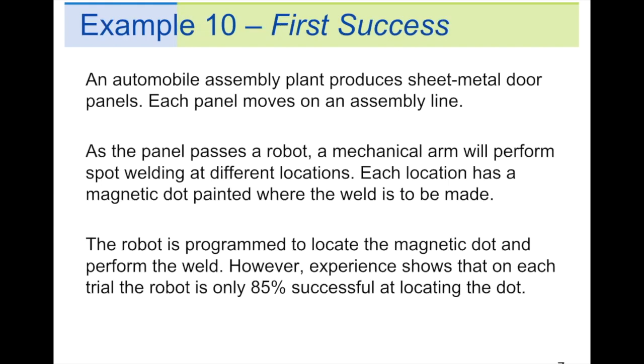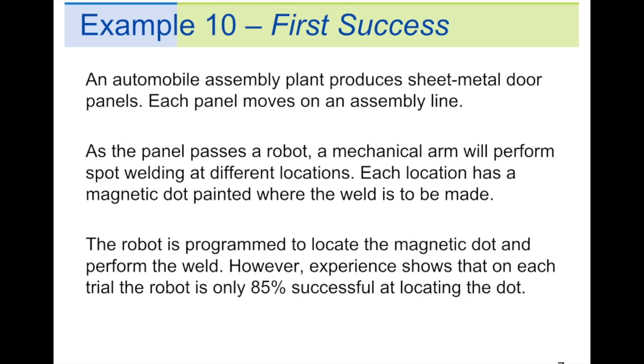An automobile assembly plant produces sheet metal door panels. Each panel moves on an assembly line. As the panel passes a robot, a mechanical arm will perform spot welding at different locations. Each location has a magnetic dot painted where the weld is to be made. The robot is programmed to locate the magnetic dot and perform the weld.